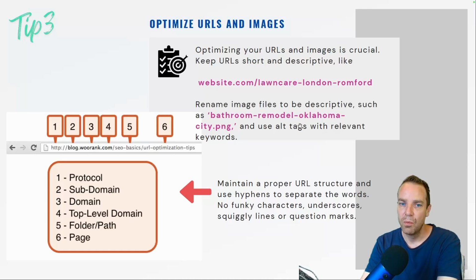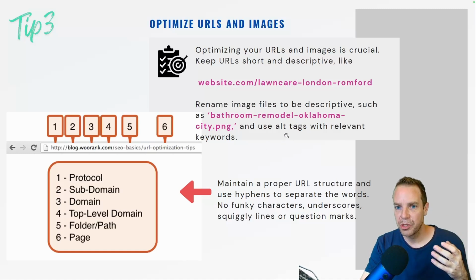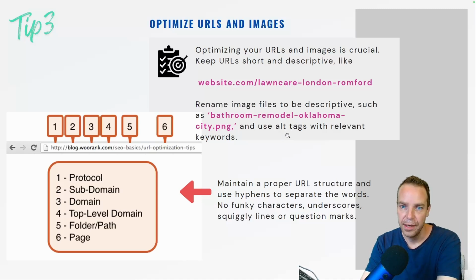And then when you upload the image, make sure that you use your alt text description and describe what's in the image, so that Google and all the other search engines can understand your image and know what it is all about.